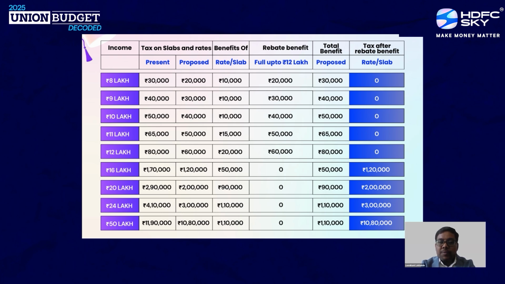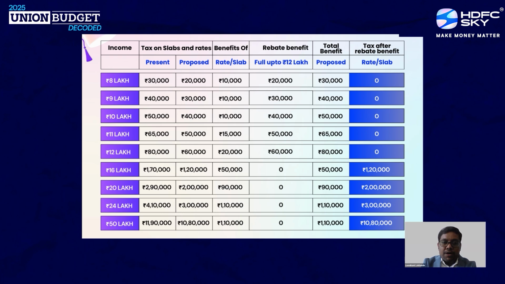For 4 to 8 lakh rupees, the tax bracket is 5%. For 8 to 12 lakh rupees, it is 10%, and for 12 to 16, 15%, going all the way up to 24 lakhs. And for annual income greater than 24 lakh rupees, the tax bracket is 30%. So it's a progressive tax system wherein the tax rate increases with each slab.